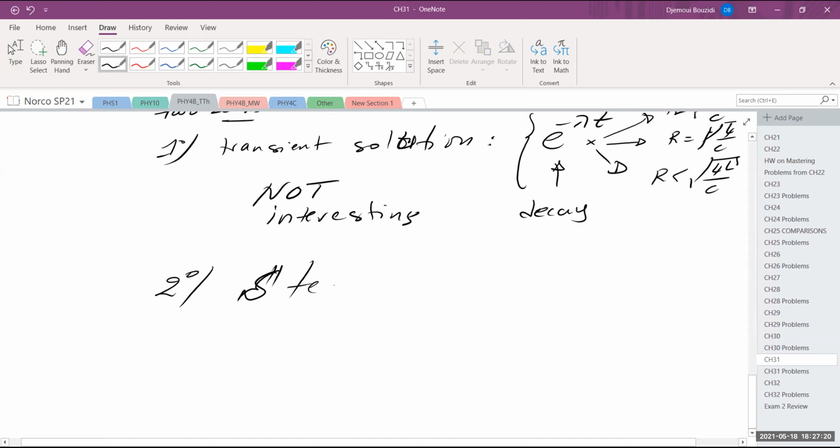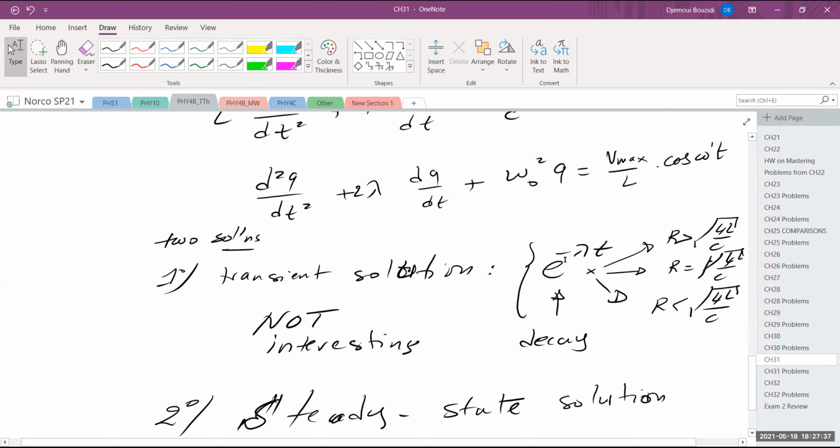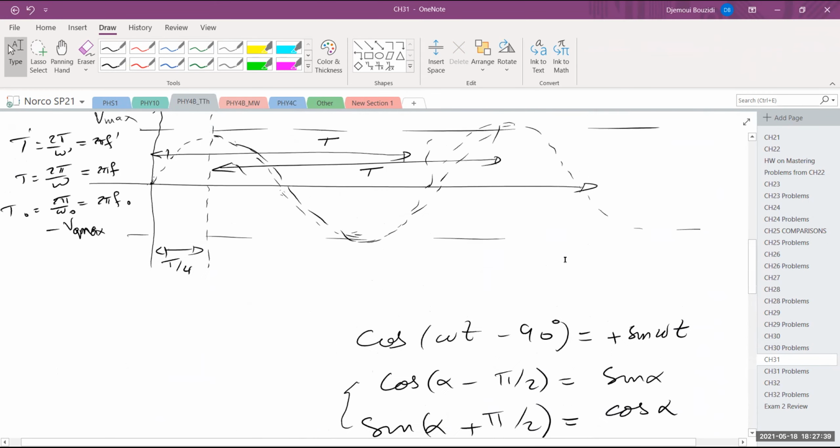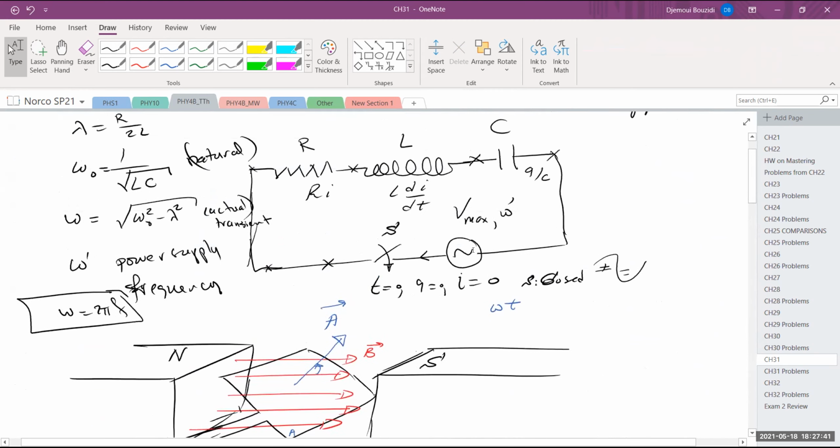Let me talk about why this is the steady state solution. In math, they don't call it steady state most of the time. They call it the special solution, okay? Let me talk to you a little about where this is coming from in the physics. The fact that you have a voltage Vmax turned on at t equal to 0 with a frequency omega prime. This voltage will stay all the time. It doesn't depend on the exponential of negative lambda t.